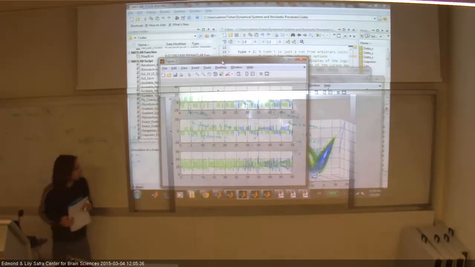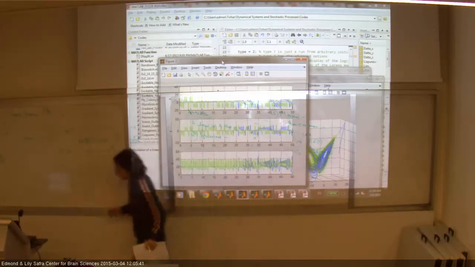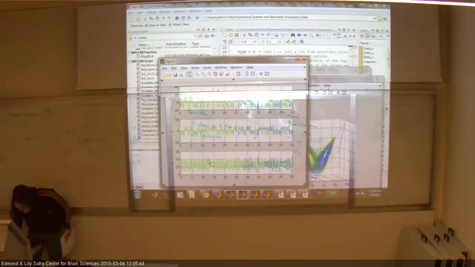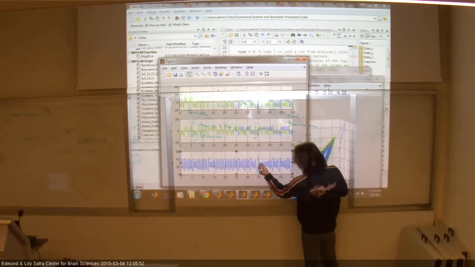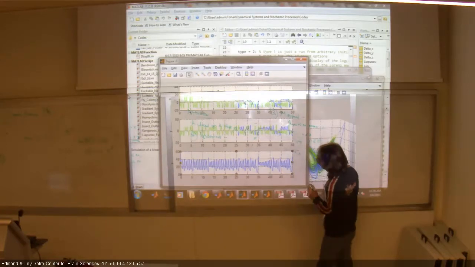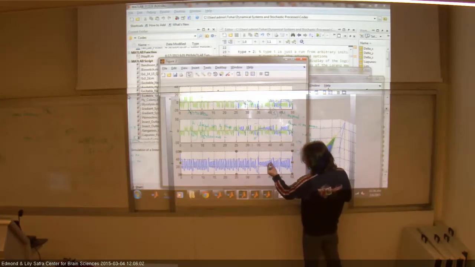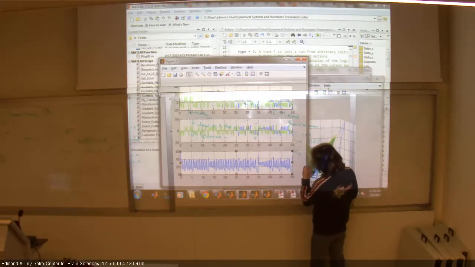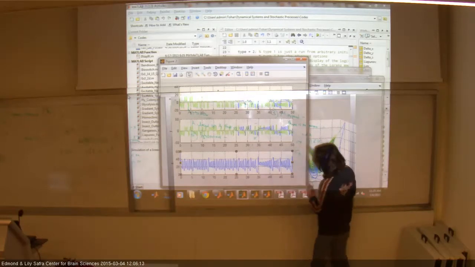So let's do this. You can see this. Look at the peaks here on the z-axis. It looked to him like there is something regular here. And also the amplitude of this biggest one and the next amplitude here.